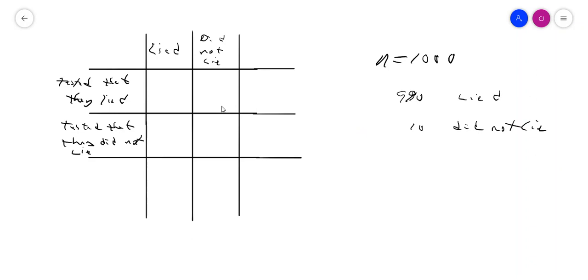So the did not lie was 990. Let's go back in. Change that. Okay, so 990 and 10. All right, there we go. That's better. So it did not lie, 990. Lied, 10. All right.